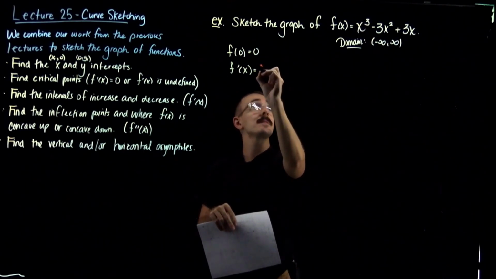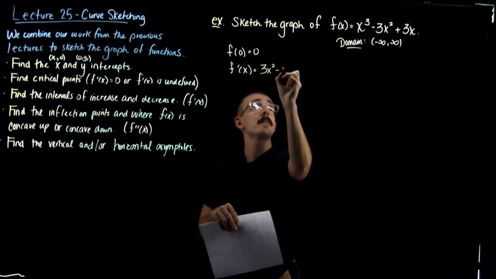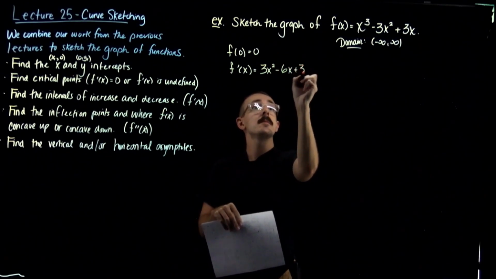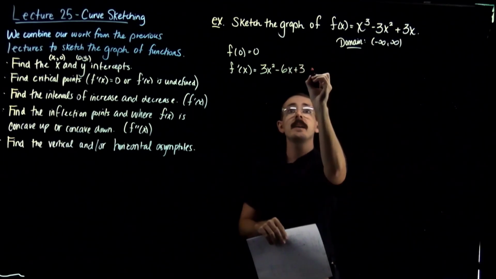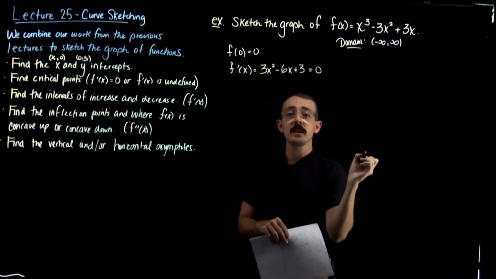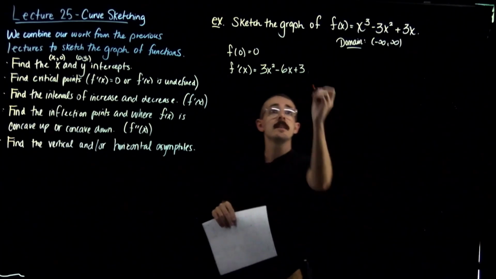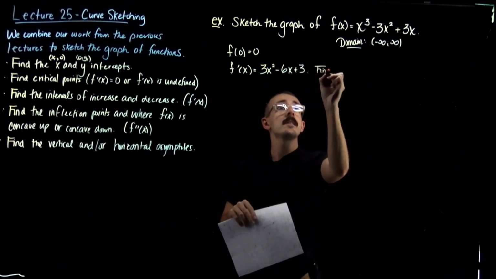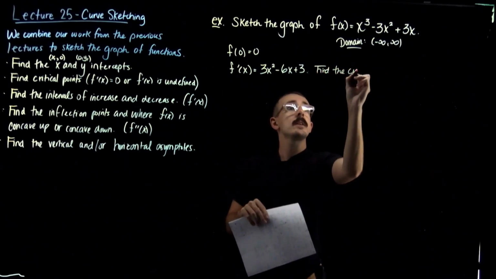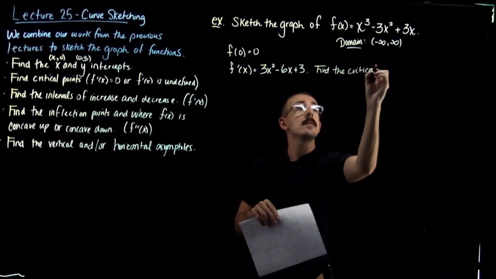So if I have the first derivative, it's going to be 3x squared minus 6x plus 3. And I'm going to go ahead and set this equal to 0 because I'm looking for the critical points.